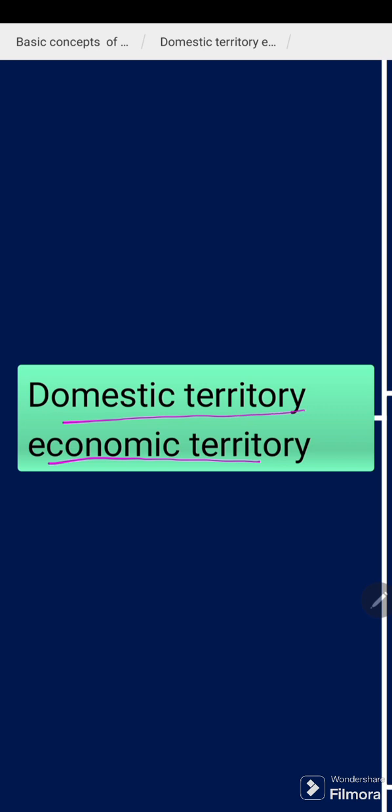But if we ask an economist, he will include certain other parameters in this domestic territory or economic territory, and let us see what all other things can be included.